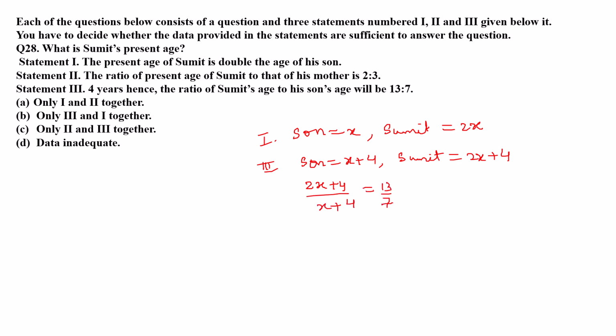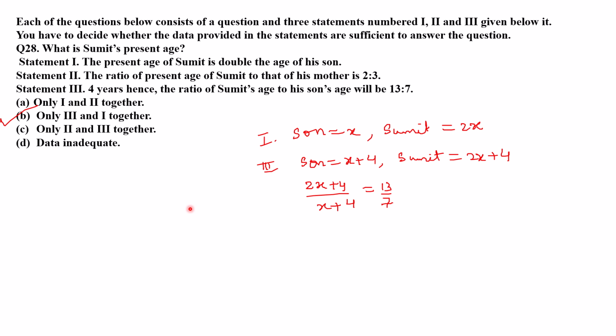From here you can solve and get the value of x. Once you get the son's age, you can put it in the first relation and you will get the age of Sumit. So to get the present age of Sumit, both the first and third statements are needed. So the option is option B. Don't start solving to find out the age of the son and Sumit, because the question is not asking that.